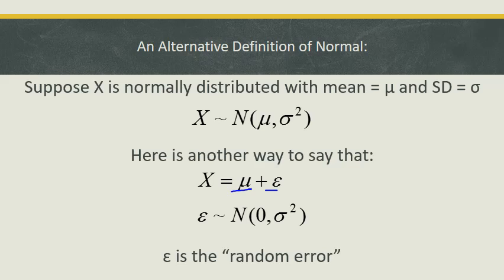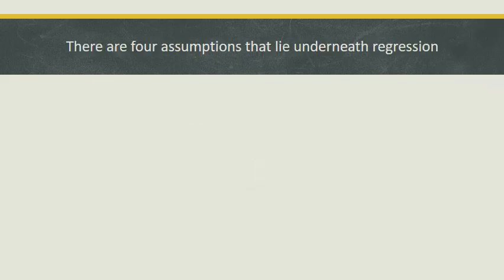The mean of the error term is 0, so there's an equal chance that it could be positive or negative, or in this case, above or below average. And the variance of the error term is the same as the variance in the first distribution, so both of these expressions are exactly the same thing. And this is going to apply in the next part when I talk about regression assumptions.